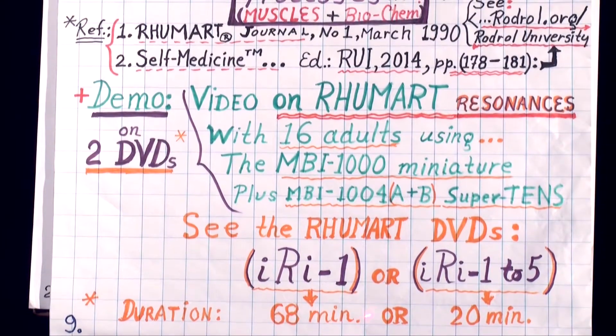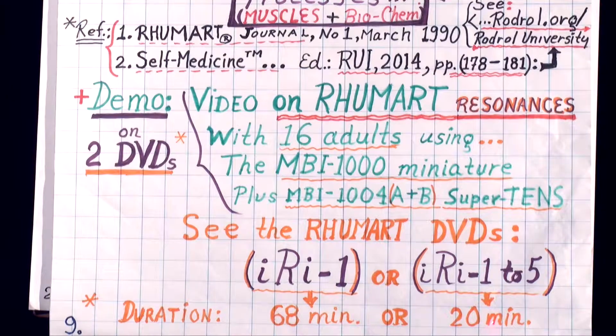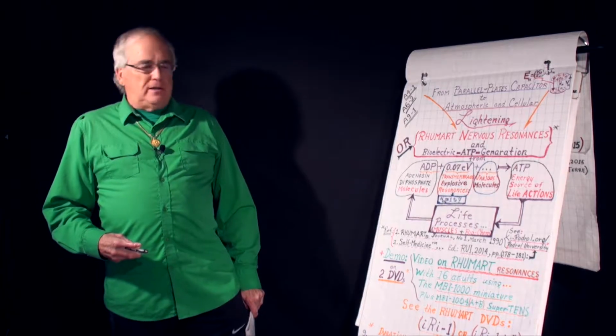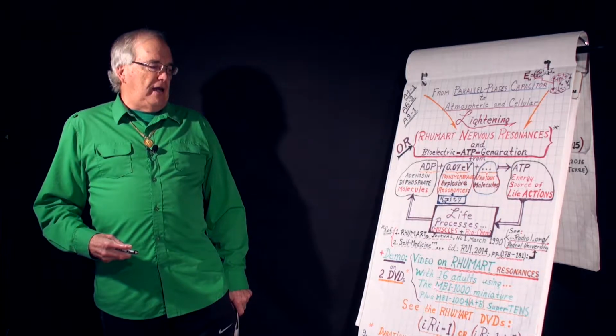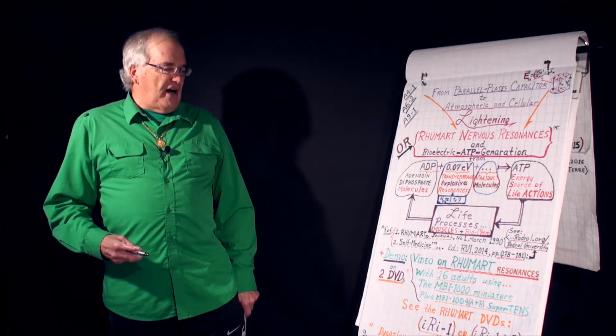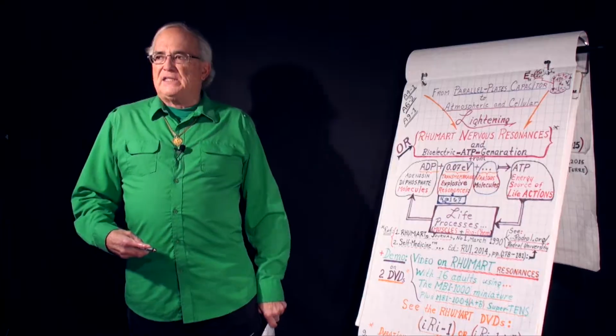This is a 68 minute and 20-minute video where you see 16 people being stimulated simultaneously with an MBI 1000 miniature rheumatoid system that uses not more energy than an electric shaver.